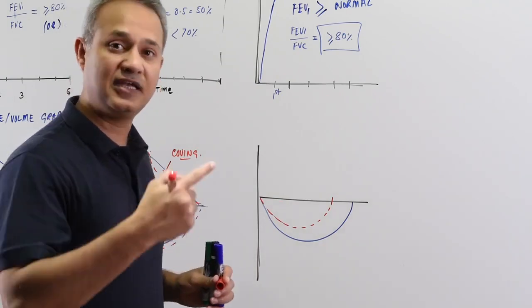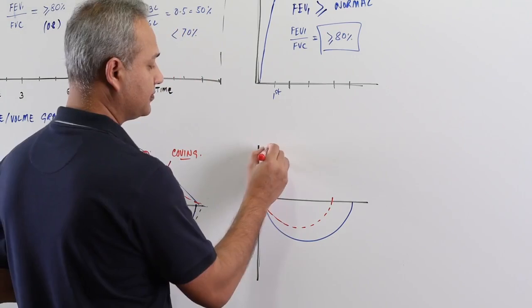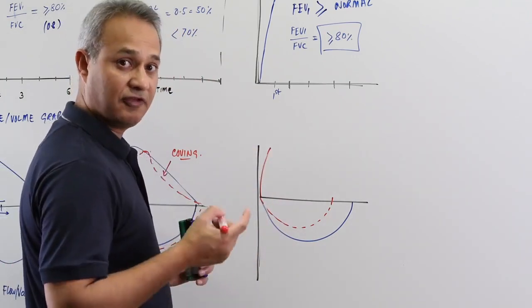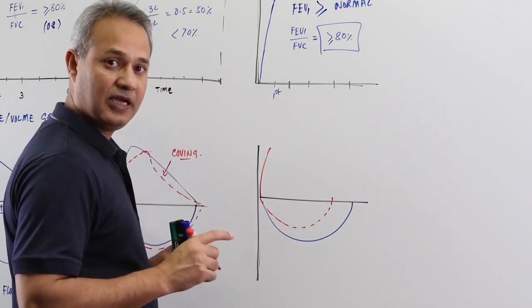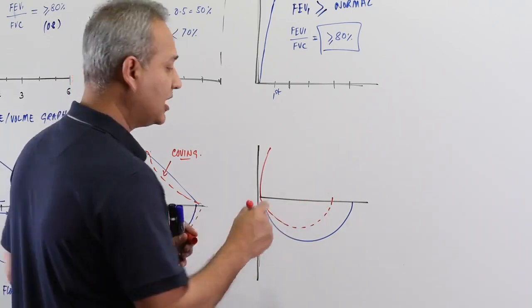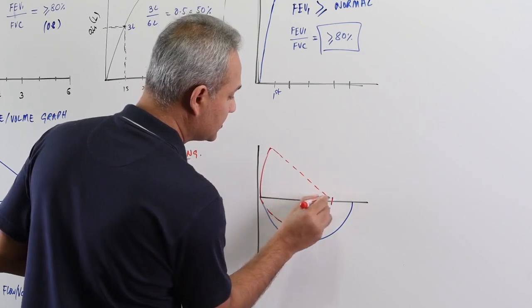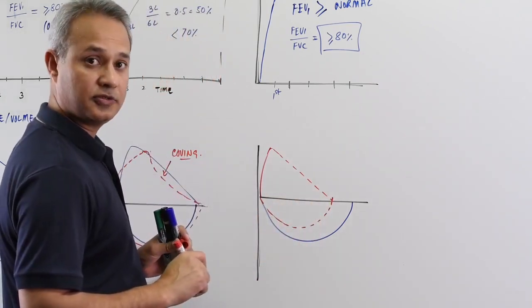How about the exhalation? The very first second there will be a lot of flow. How about the flow after that? Of course, after that the flow will be almost like normal.